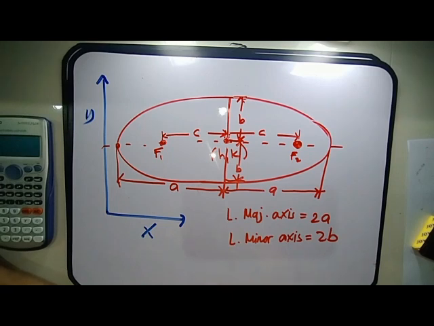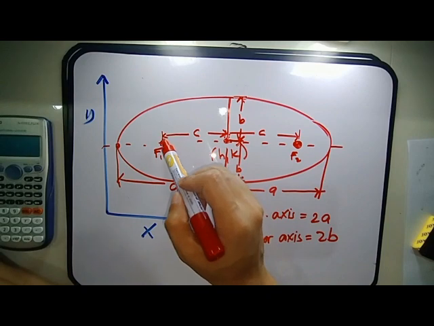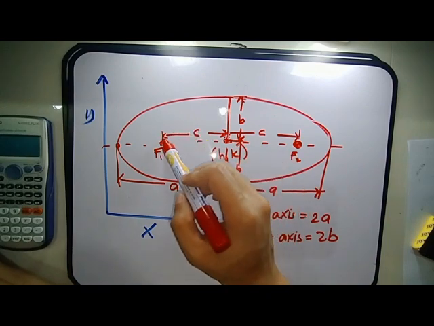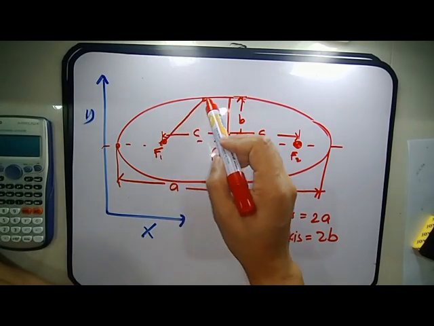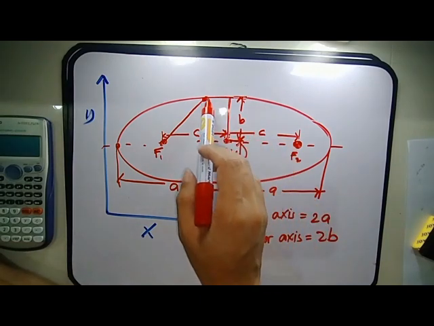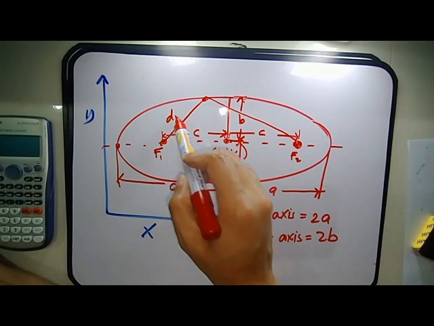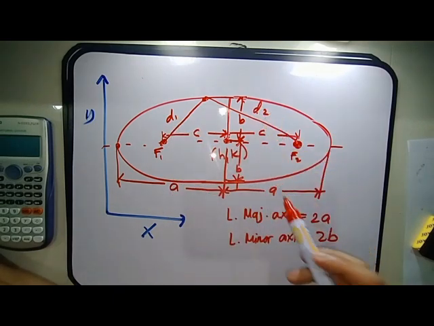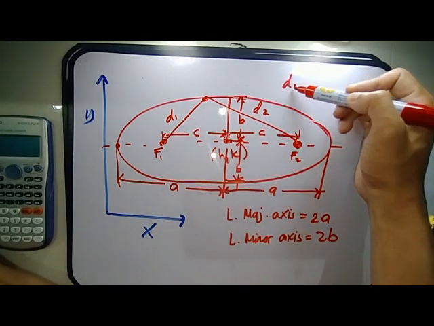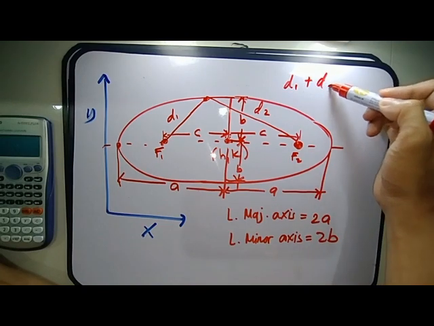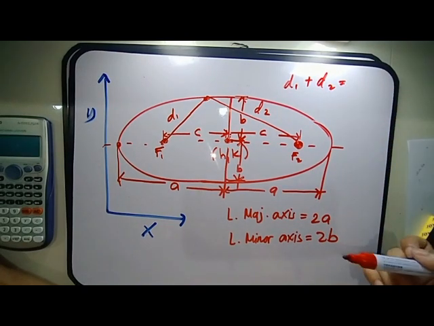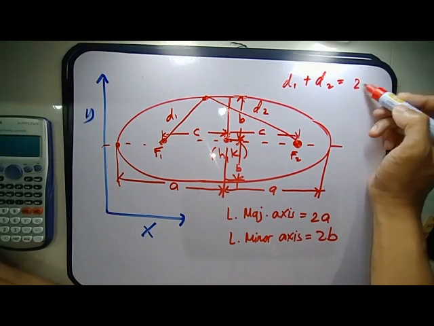Now, paano naman natin describe yung ellipse? Now, if you draw a line from one focus to any point on your ellipse, then you connect that line to the other focus, say D1, D2. So, the sum of the distance is equal to your length of major axis, that is 2A.